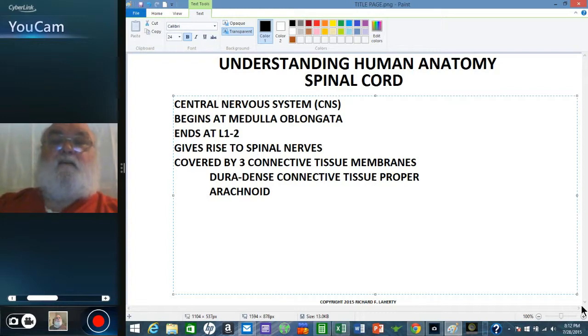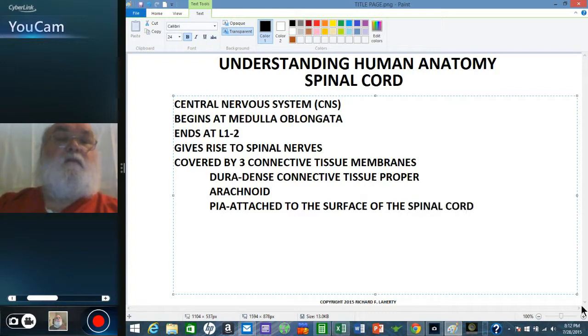Then right on the surface of the spinal cord is the pia mater, or the pia, and that is attached to the surface of the spinal cord and cannot really be separated from it.